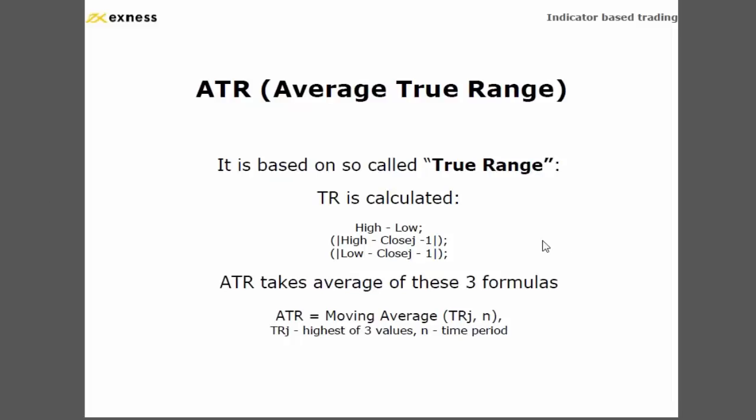It is based on so-called true range, or TR. TR is calculated by the formula that you see below, and ATR takes the average of these 3 values and measures the historical volatility.